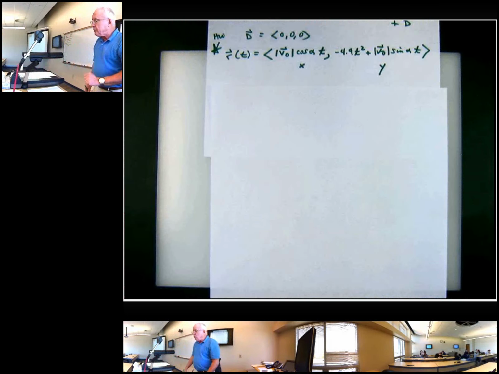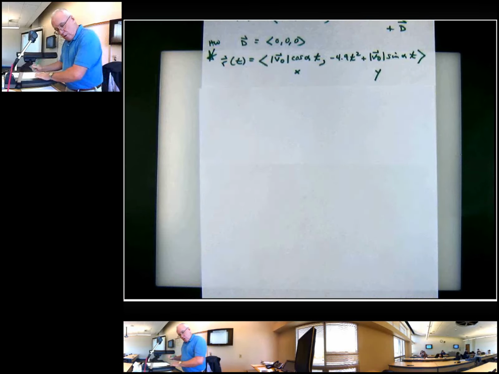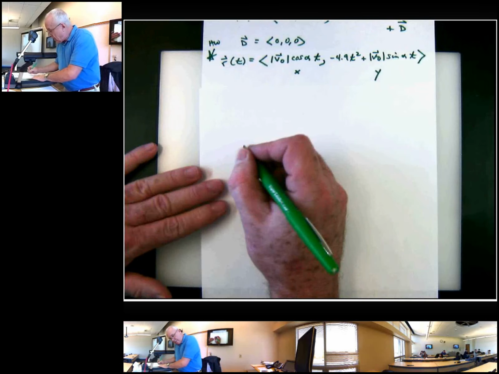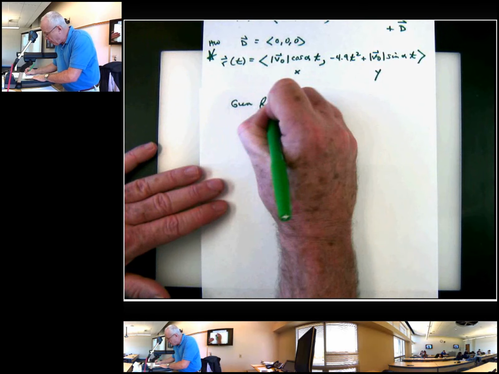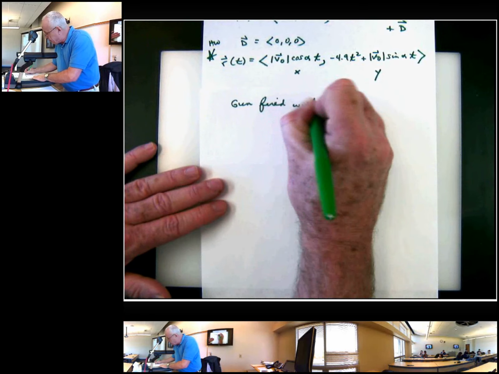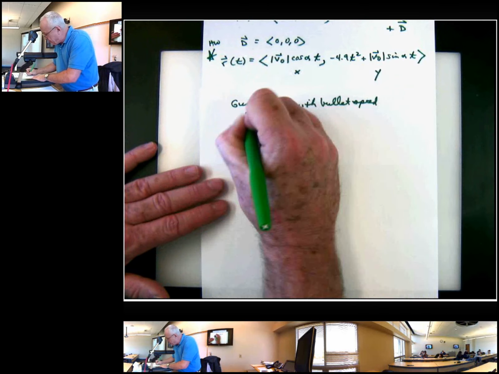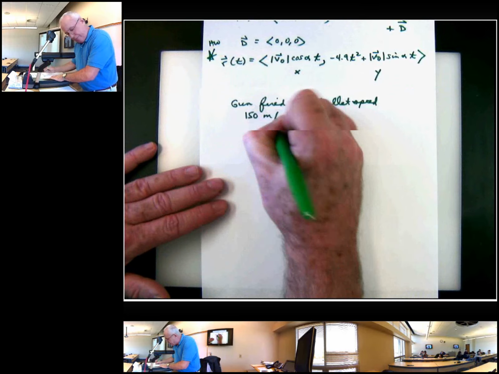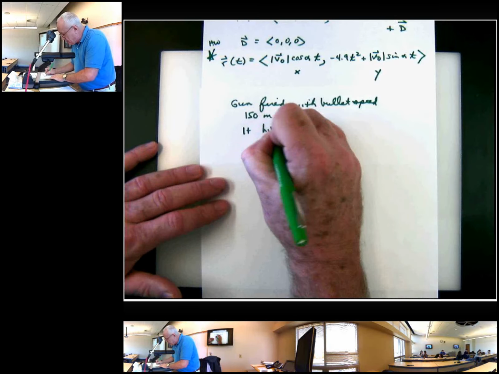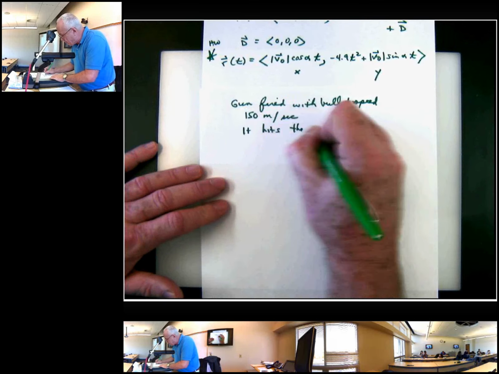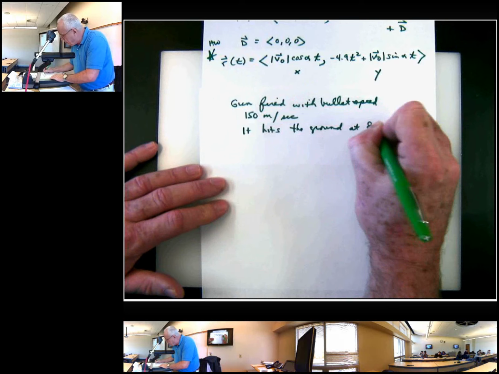So let me do one example using this formula. It's sort of similar to the homework. So this is what we have. A gun is fired with a bullet speed of 150 meters per second, and let's just say it hits the ground 800 meters away.